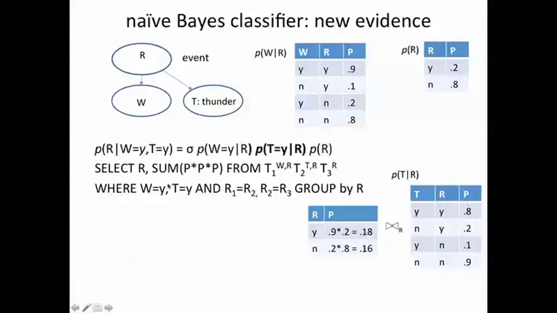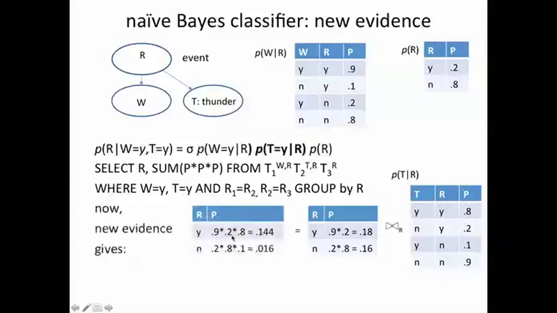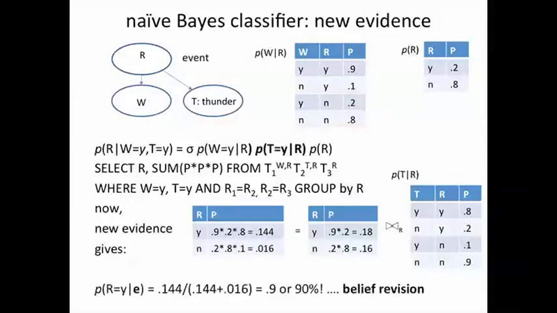but with the restriction that T equal to yes, we'll now get a different result, because now we'll multiply this by 0.8 and the second row by 0.1, and these rows don't count, so we get different results. And normalizing gives us the probability of rain equal to yes given the evidence is now 90%.